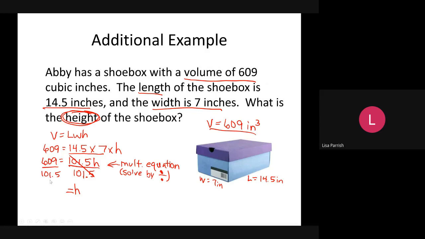So I've got 609 divided by 101.5. And if you type that in correctly, you should get 6. So my height is 6. We're using inches here. Remember, it is not cubed. It is not the volume. 6 inches.